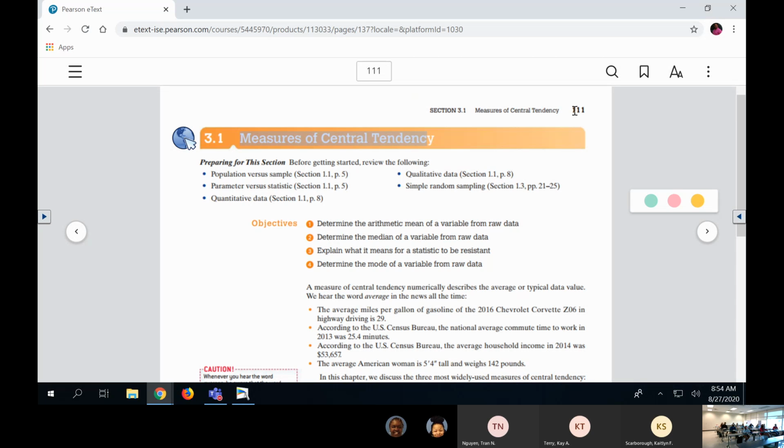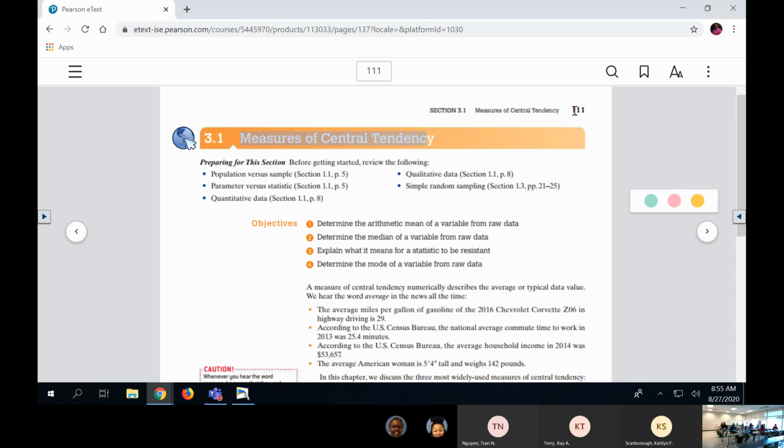So probably 70% of the material we're going to go over in chapter 3, you already know how to do. And that's the mean, median, mode, range, and mid-range. Some of you may know how to find the mean and the standard deviation. And some of you may even know how to find a z-score. But that's what we're going to be going over.